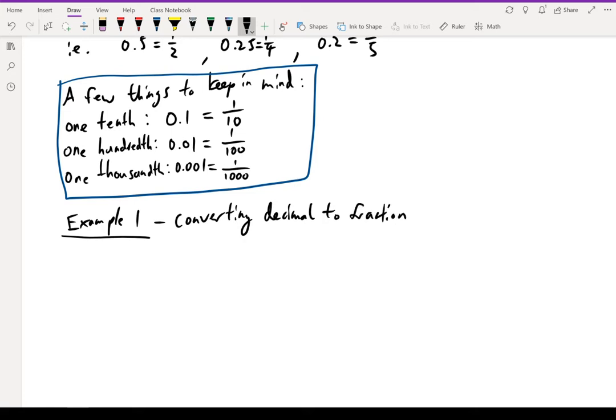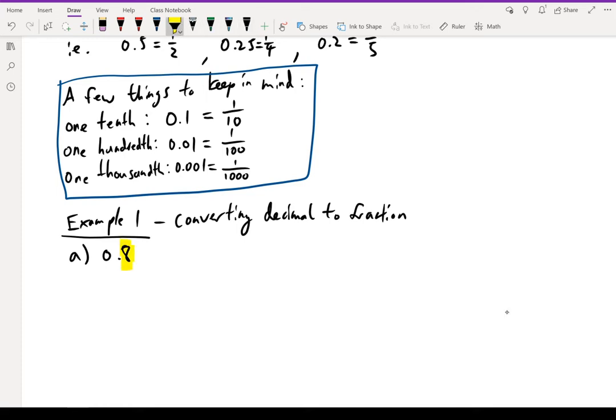So we have 4 parts. Let me do A first. A is 0.8. How do I convert 0.8 to a fraction?